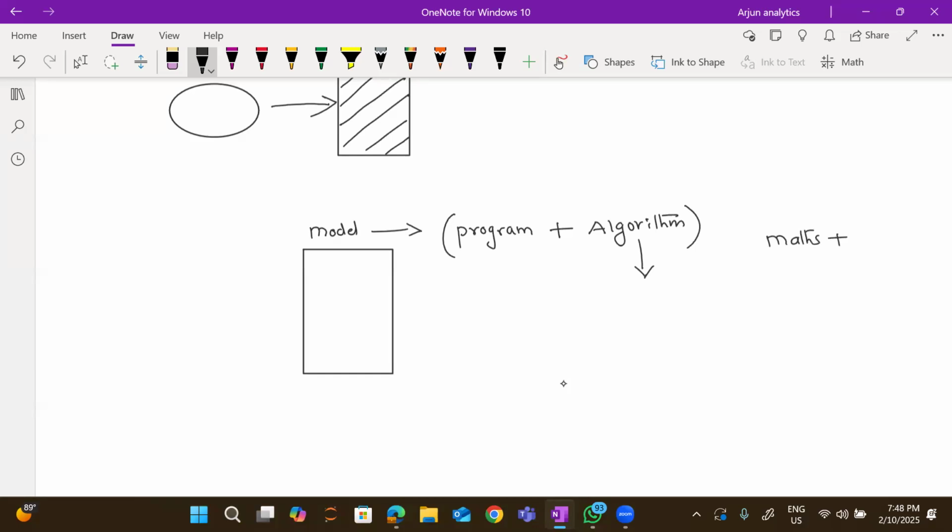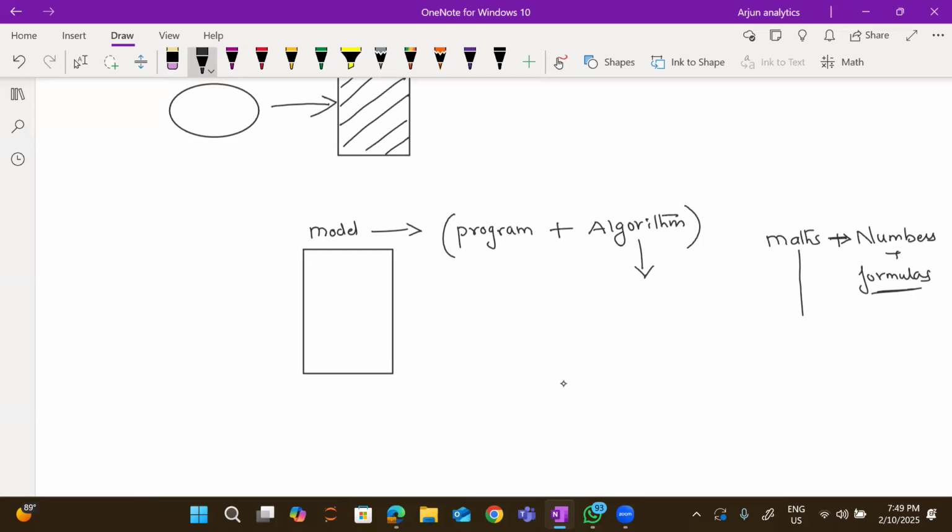Maths will deal with the numbers, and we have the formulas. This is what is called maths.